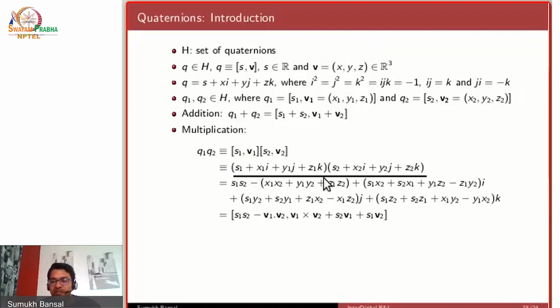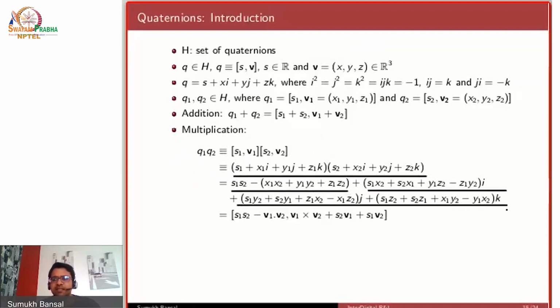If you expand this expression and rearrange the expanded term into scalar and vector part, you end up getting this. It's a very simple algebraic exercise.